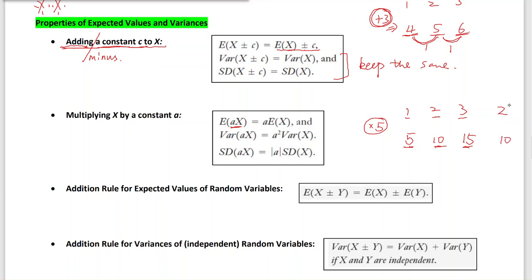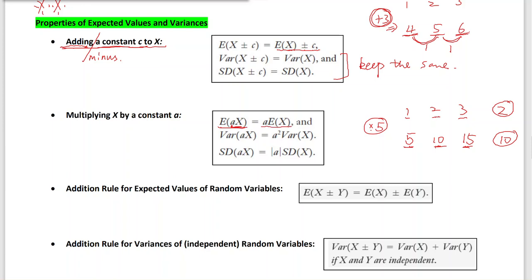So that means if you multiply each outcome by 5, so that you have 5, 10, 15, your average is also multiplied by 5. So this is the idea. If you have x and multiply by a constant a, then the expected value of ax will be a times the expected value of x.